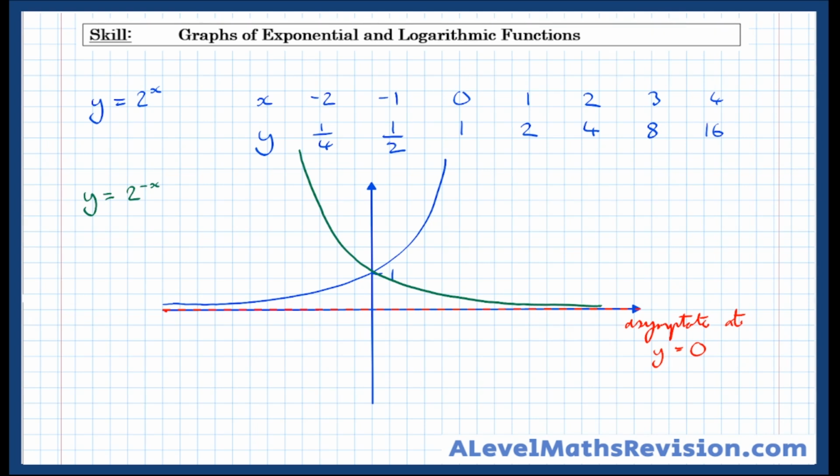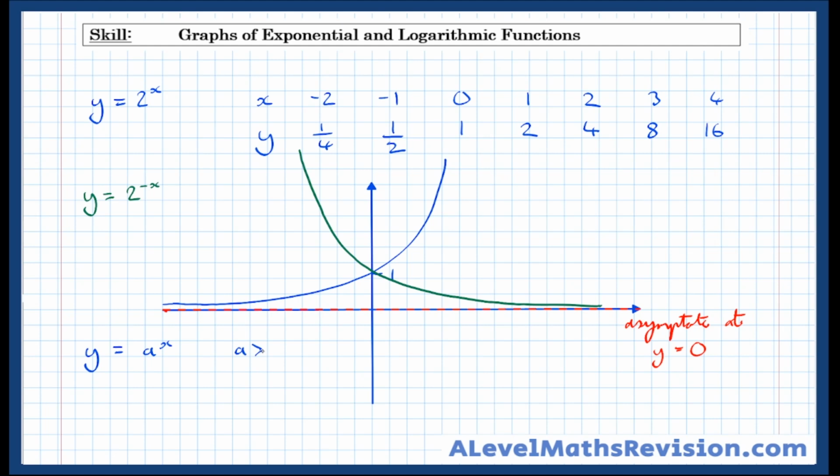So we can see two different types of graph here. There's exponential growth because the curve's growing, and exponential decay because the curve is decaying as the x value gets bigger. So let's just spell out now when growth and decay will happen. So let's say we've got y equals a to the power of x.